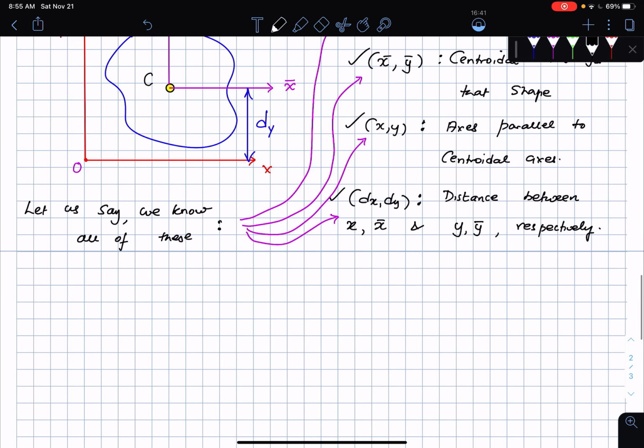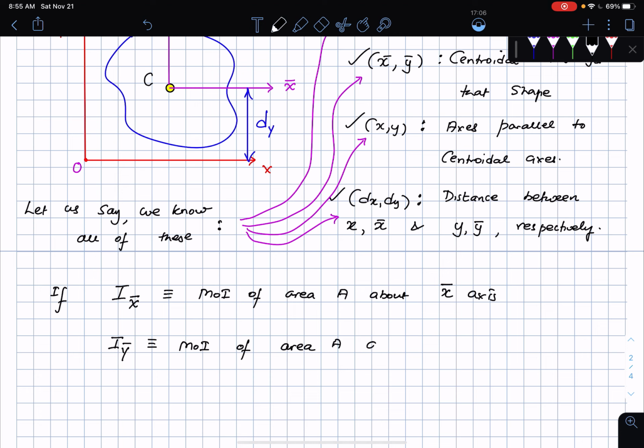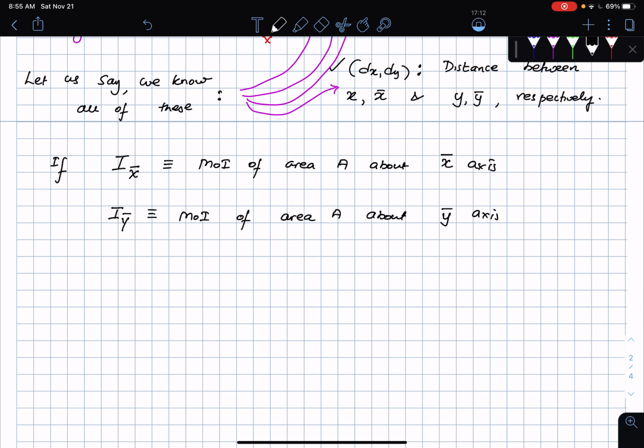The parallel axis theorem says that if Ix bar is the moment of inertia of area A about the x bar axis, and Iy bar is the moment of inertia of area A about the y bar axis, and if these can be calculated, then the parallel axis theorem says the following.